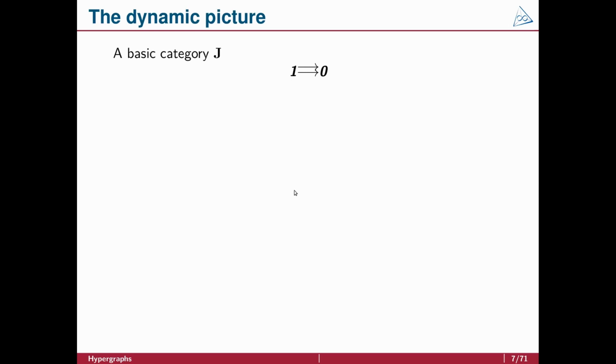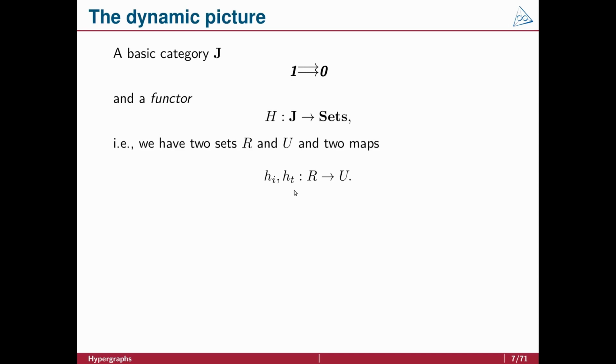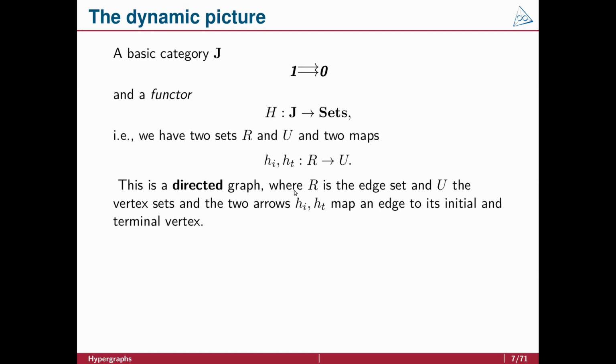So we enrich our category. Now we have two non-trivial morphisms from the object 1 to the object 0. And again, we map that to sets, so we associate sets. And now we have two maps, H_I and H_T, I stands for initial and T stands for terminal, from R, the set of relations, to U. And of course, this now gives us a directed graph.